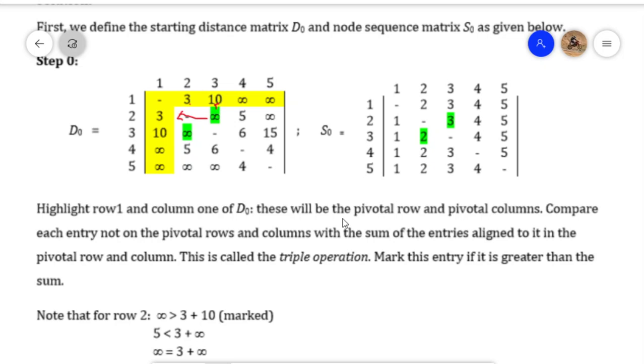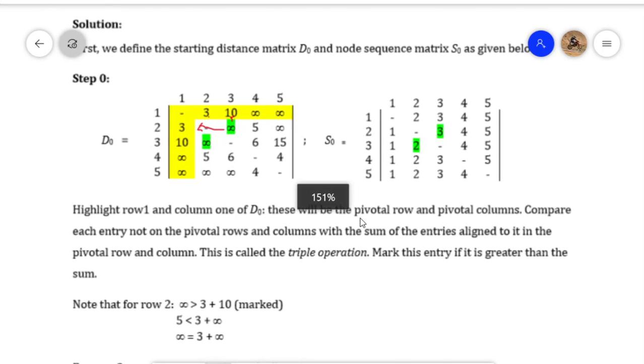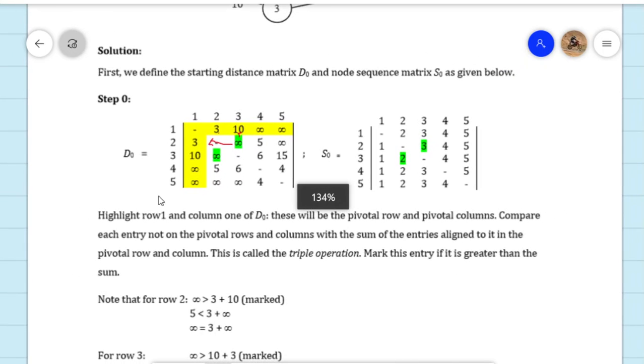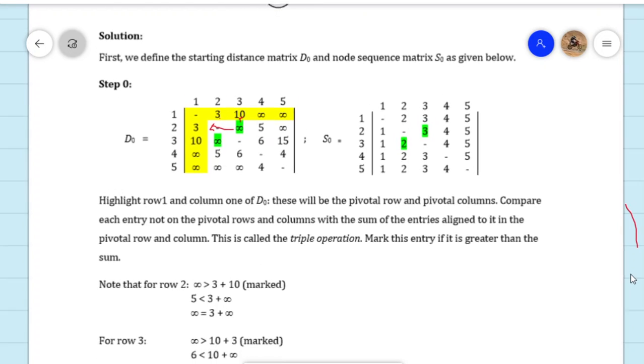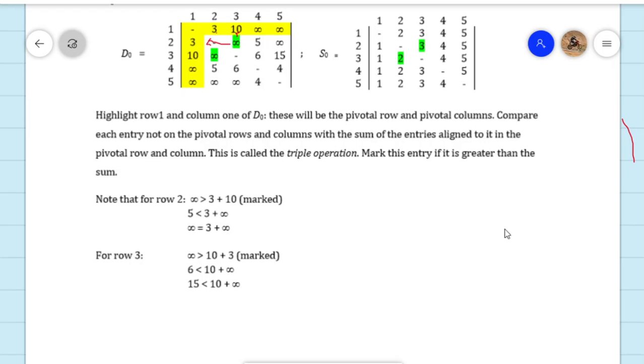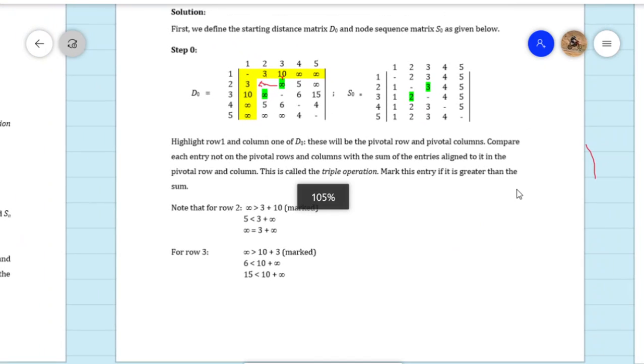Next, we proceed to the next iteration. In the next iteration, we simply copy everything except for the marked entries. Those that we have marked will now be replaced.